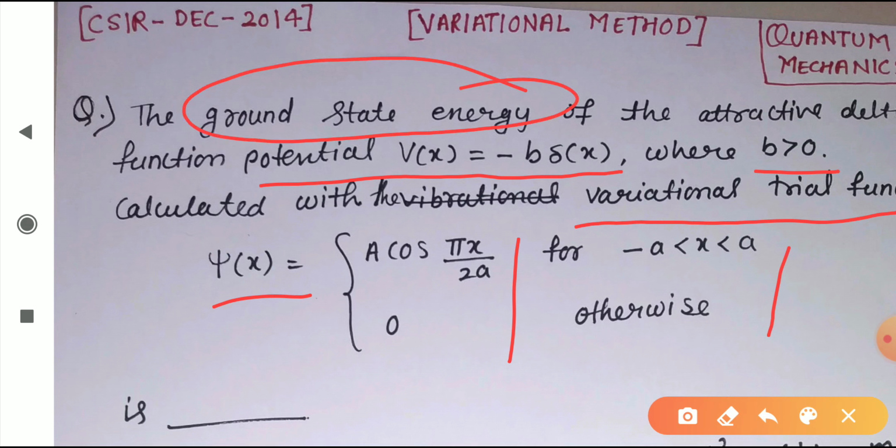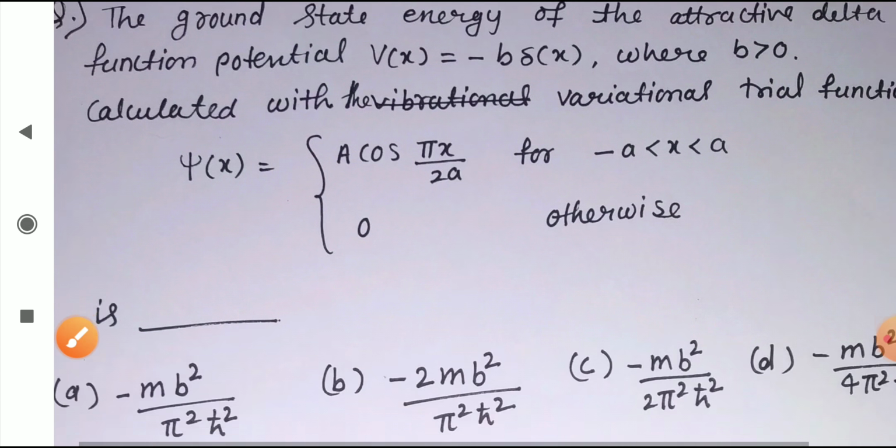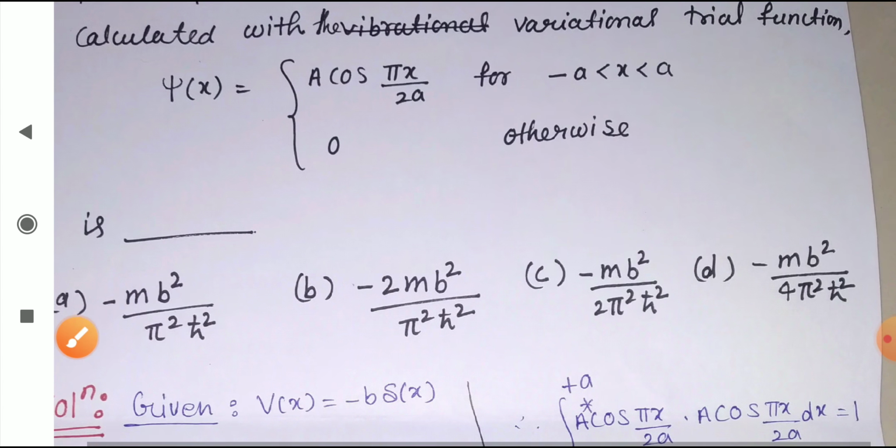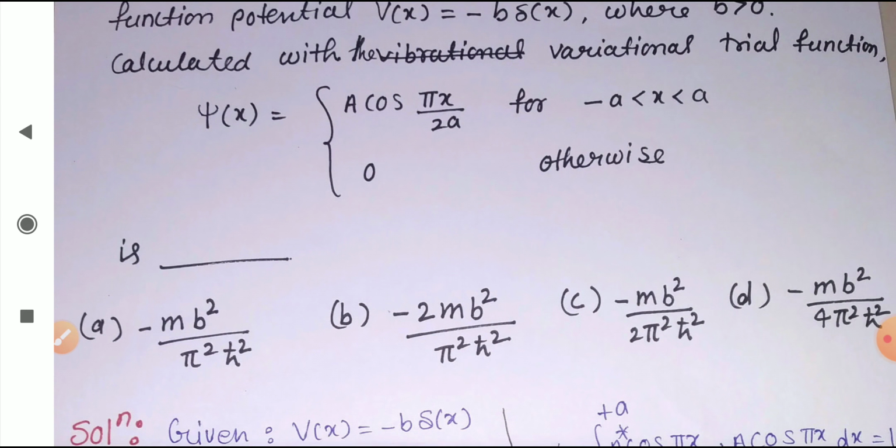For this we are given a trial wave function and also a potential. With the help of these requirements, we have to calculate the ground state energy. We are given 4 options, so after solving this numerical, we have to see which of the 4 options is correct.